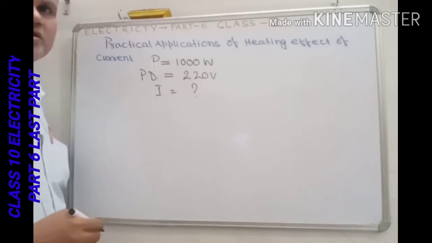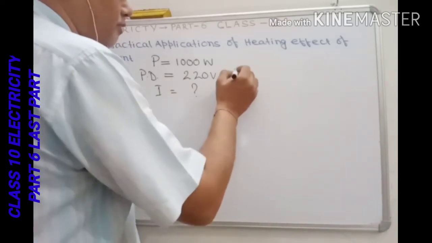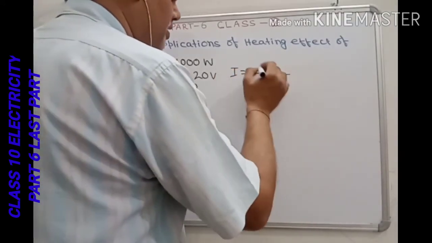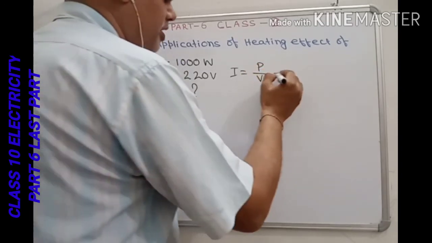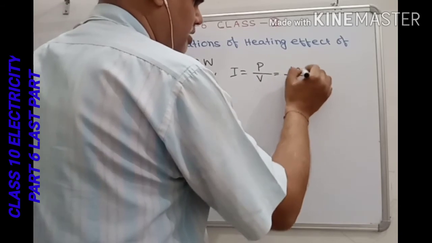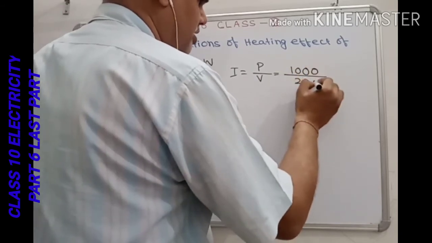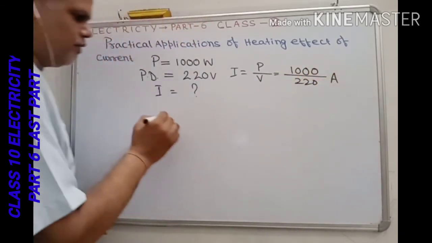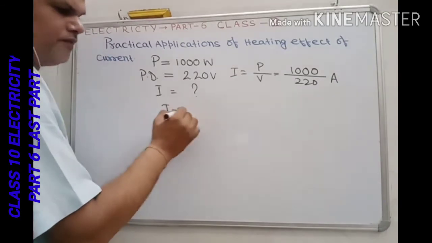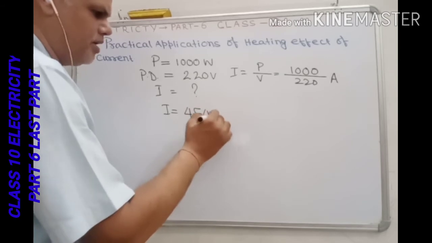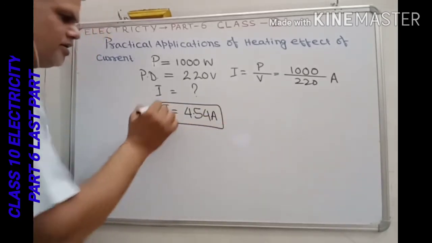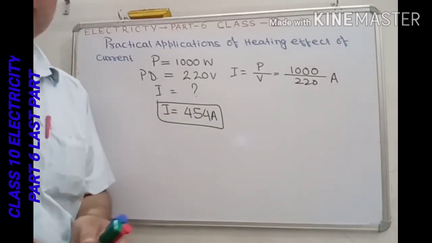The current will be power upon potential difference, which equals 1000 upon 220 ampere. When we calculate this, we find the current is 4.54 ampere. So this much current the electric iron will consume.